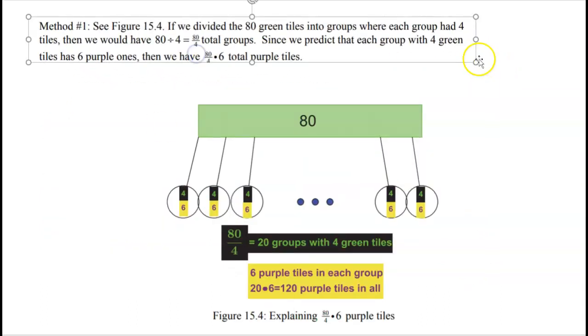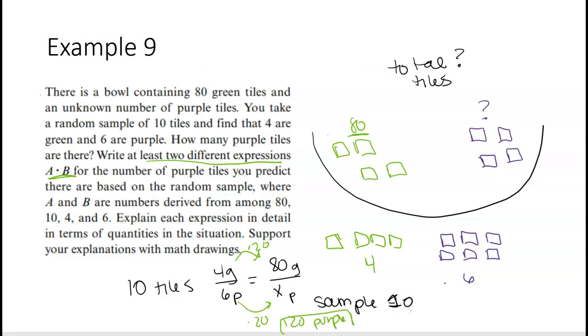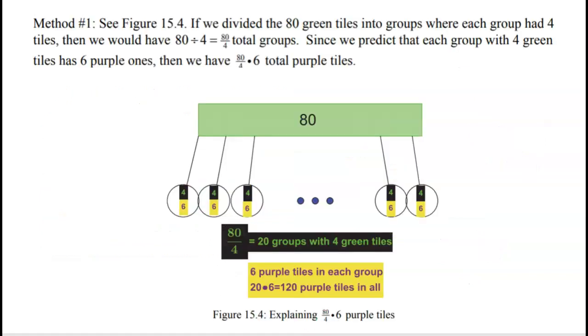Okay, so if we have our 80 green tiles and we divide those into groups, and each group has 4 tiles, all right, because remember, we're allowed to use the numbers 80, 10, 4, and 6. So we've got our 80, and we're going to divide those into groups where each group has 4 tiles. So 80, we're going to put 4, 4, 4, 4, 4, 4, 4, and we're going to keep doing that.